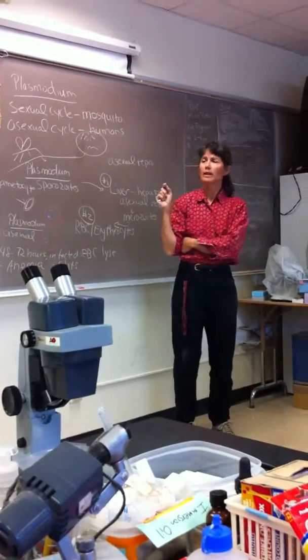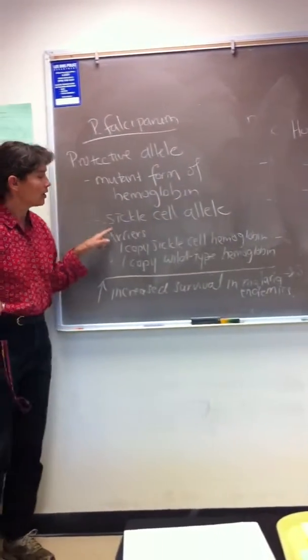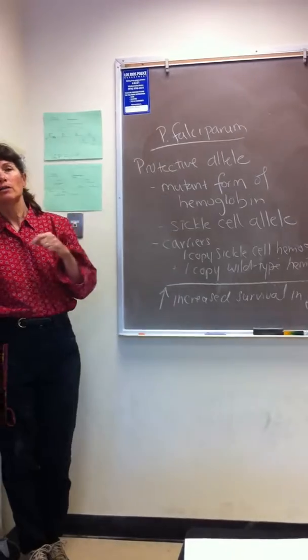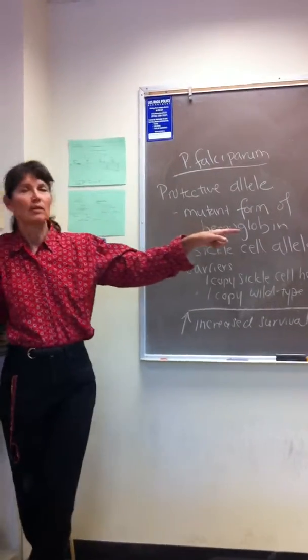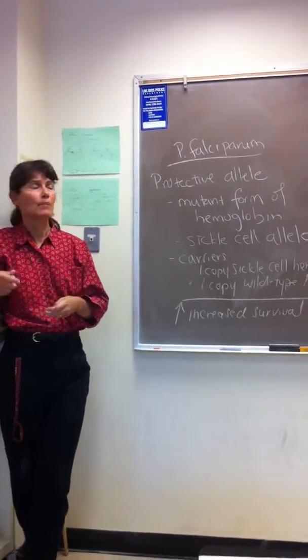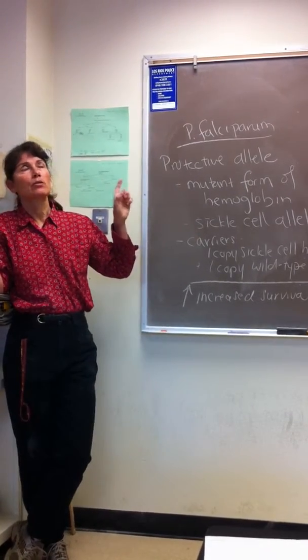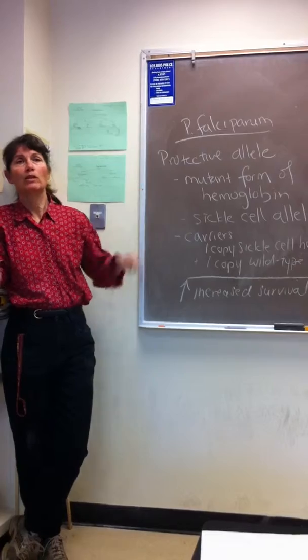Now, the question is, what the heck's going on here? Why should one copy of this allele be protective? Well, first of all, if you're a carrier, you don't have sickle cell crises, right? Half your hemoglobin is okay, so you don't end up with the sickle cell crises like kids that have two copies. And I've seen so many explanations for why the one copy helps.